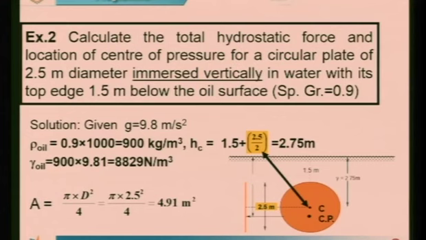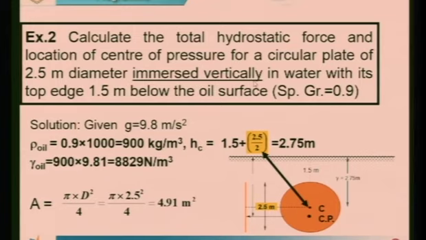This time we will go with another one, circular one. Let us read the statement, my dear friends. Calculate the total hydrostatic force and location of center of pressure for a circular plate of 2.5 meter diameter, immersed vertically.